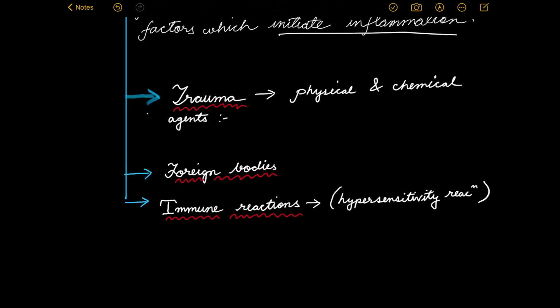Third, now remember, I had said that anything which is damaging enough can cause inflammatory pathway initiation. So trauma. Now trauma can be caused by physical agents, like some kind of burns. It can be thermal burns, whatever.